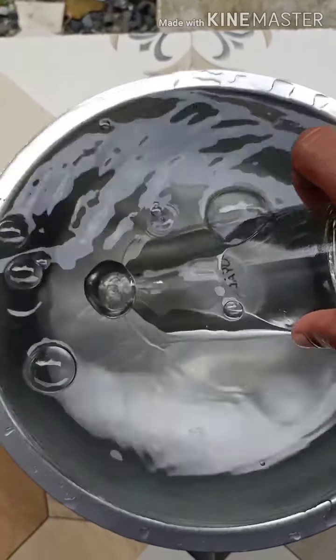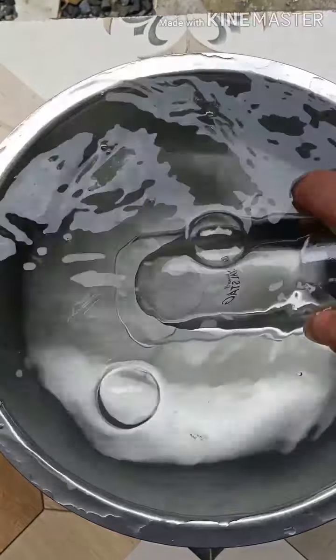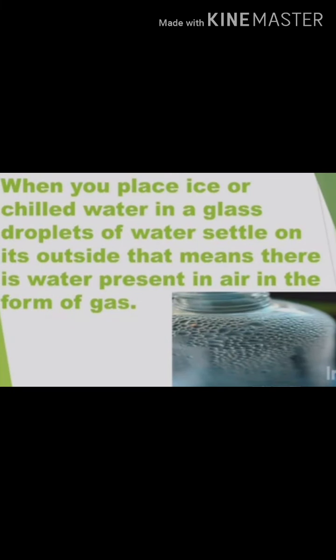When you place ice or chilled water in a glass, droplets of water settle on its outside. That means there is water present in the air in the form of gas.